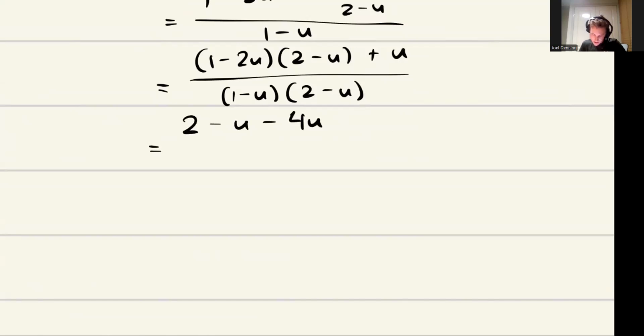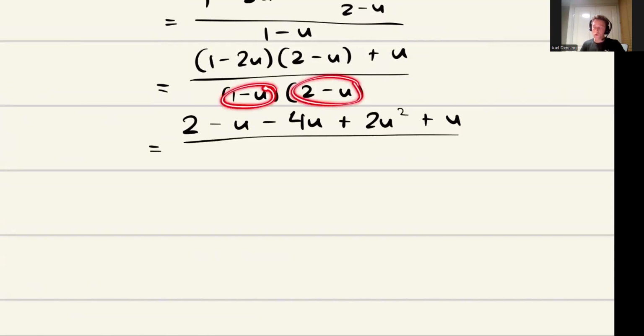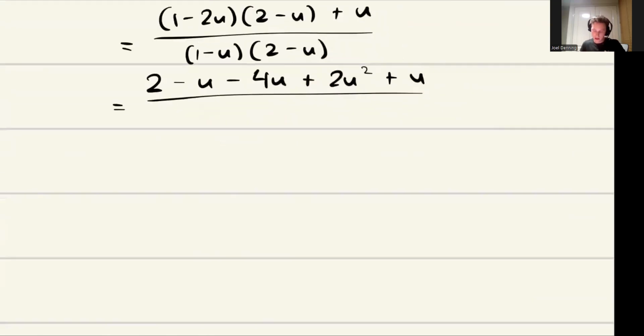Hopefully I don't make a mistake this time. And then I'm also going to reverse the order of the bottom. So I mean like 1 minus u, make it u minus 1. Because u minus 1 is like negative 1 times 1 minus u, right? And then since I'm pulling a negative 1 out of both, it'll just be a 1 at the end of the day.